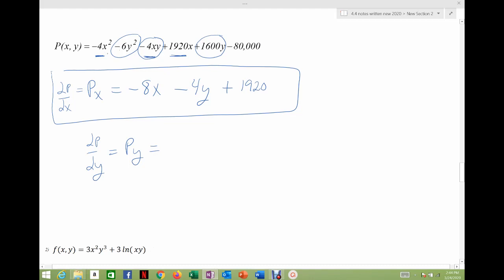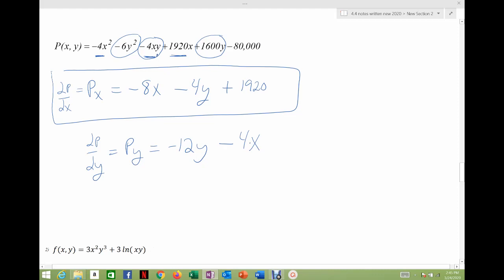All right, so first term zeroes out. The first term I take a derivative of is the negative 6y squared, so that's going to be negative 12y minus the derivative of negative 4xy with respect to y, so it's the y part I'm taking the derivative of. The negative 4 and the x are constant, so they're constant multipliers that come along.